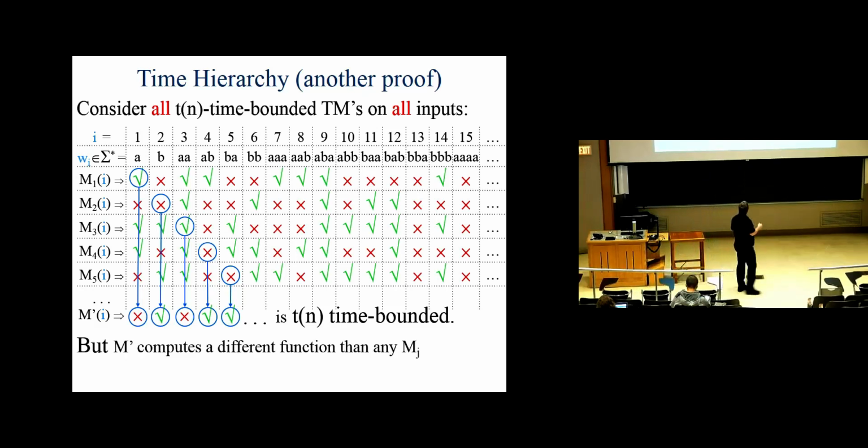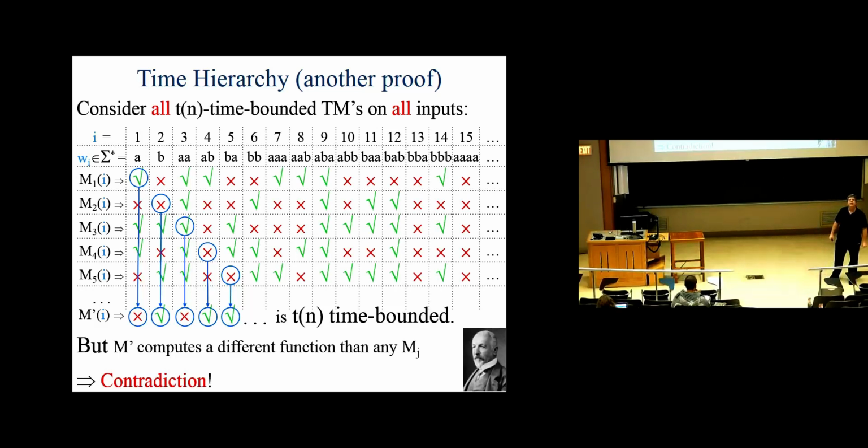So it's computing a different function than all of them, which means that function is decidable, but it's not decidable within that time. In other words, it does something different than all these infinite number of functions that all work within that time bound T of n.